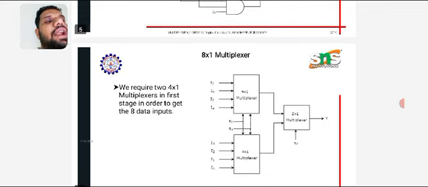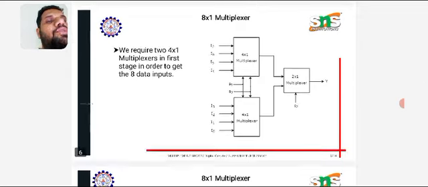And this is another example, an 8 cross 1 multiplexer. Here 2 power 3 gives 8, so 8 to 1. Here two 4:1 multiplexers will be connected, and these two 4:1 multiplexers are combined using one 2 cross 1 multiplexer.